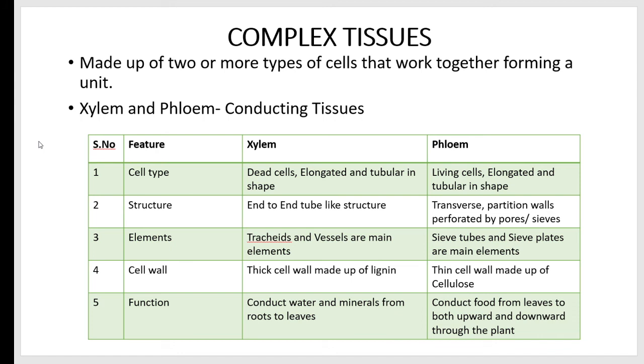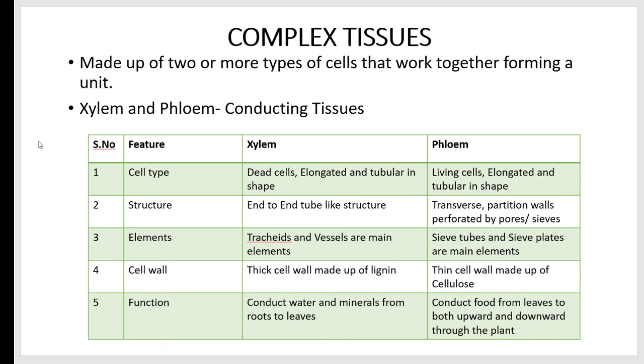So how are both differentiated? Look at the features. Cell type. Xylem possesses dead cells, but they are elongated and tubular in shape, whereas phloem cells are living, although they are also elongated and tubular.